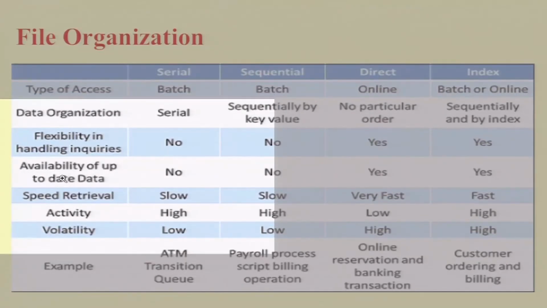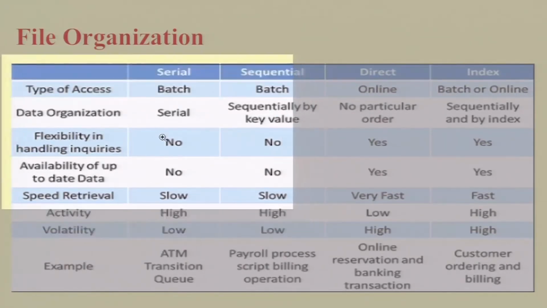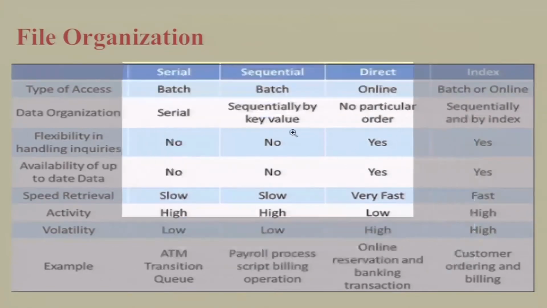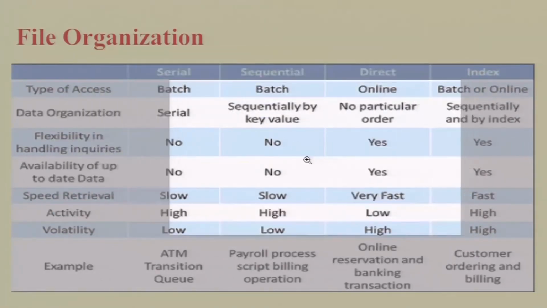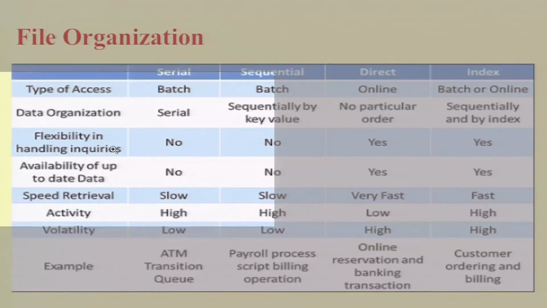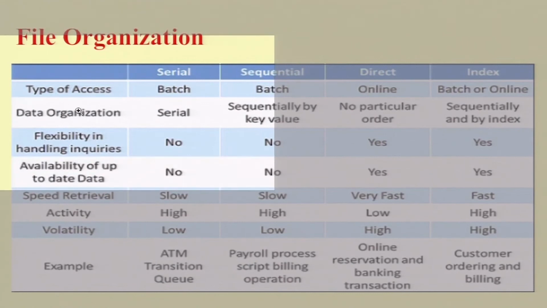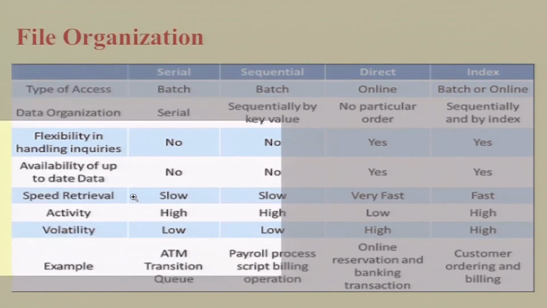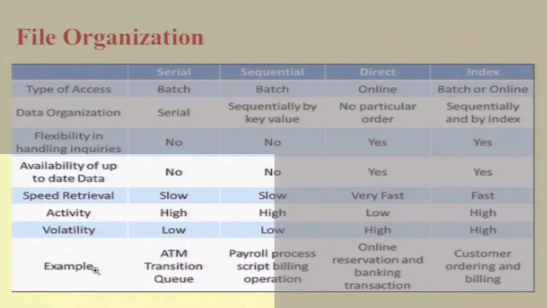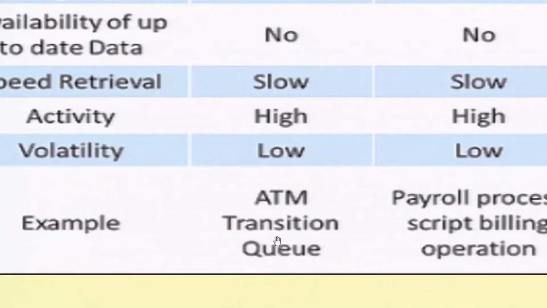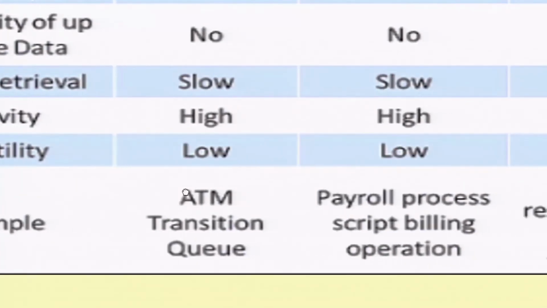Then flexibility in handling the inquiries. This has been listed in this table. You can have a look at this table, where the various file organizations with the access modes have been determined. Now let us see a few examples for the serial, sequential, direct and index modes. For the serial mode, the example is the ATM transaction queue.